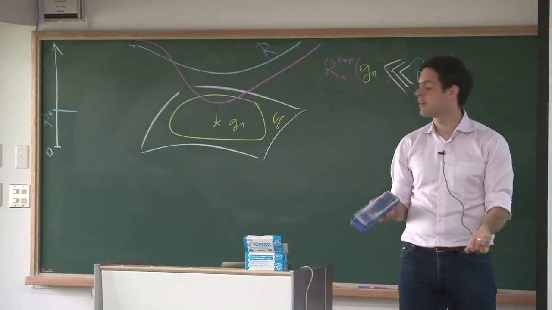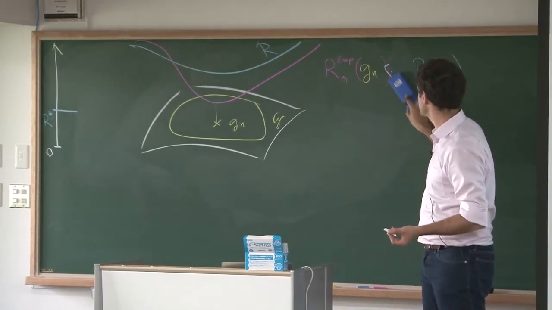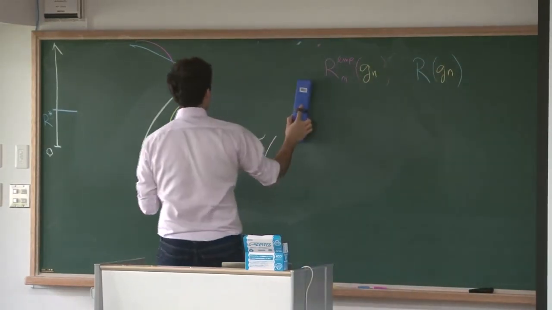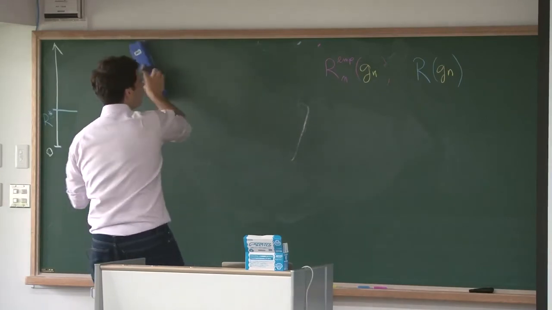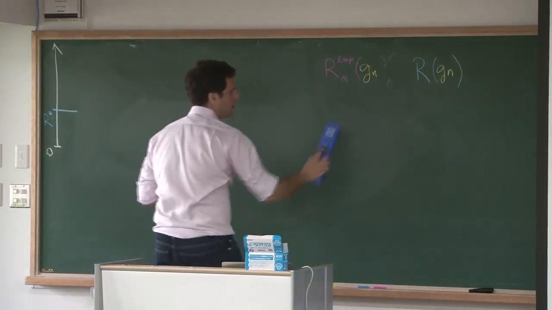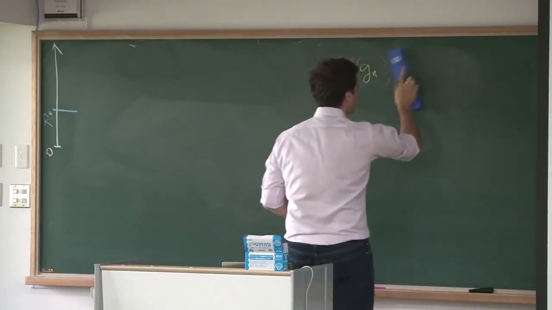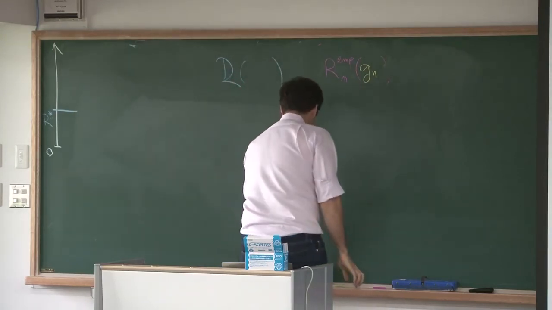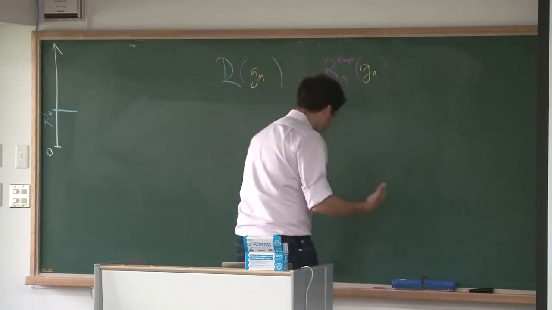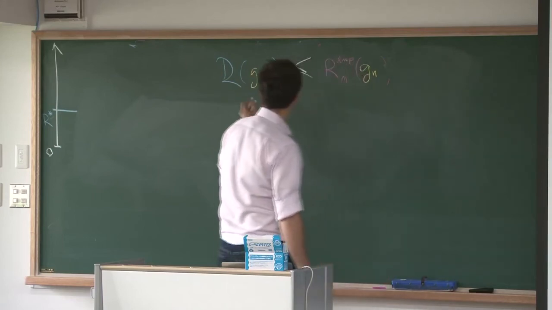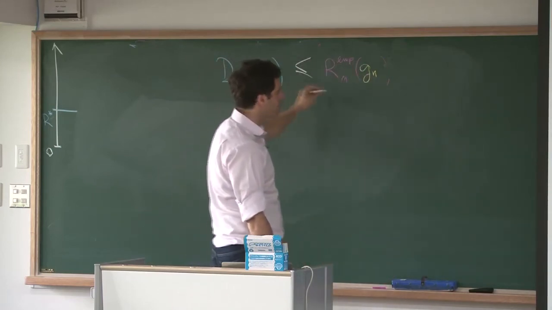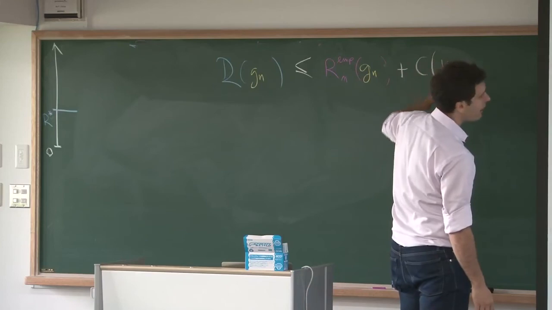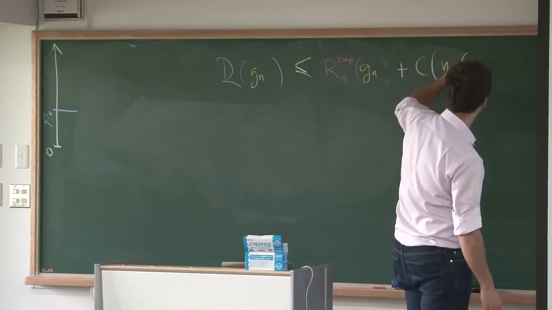So what you can do to control this, if you can, is to sandwich the true risk below some value which will depend on n and maybe the function class g.